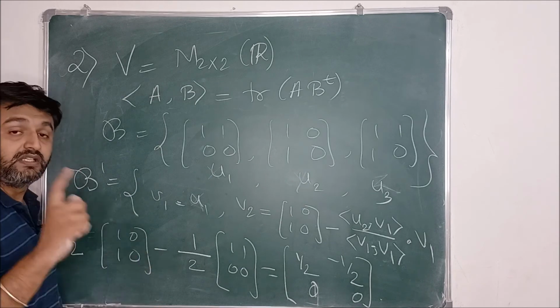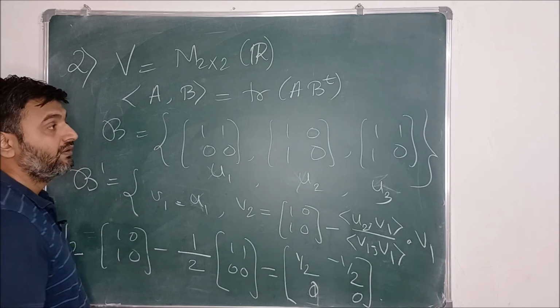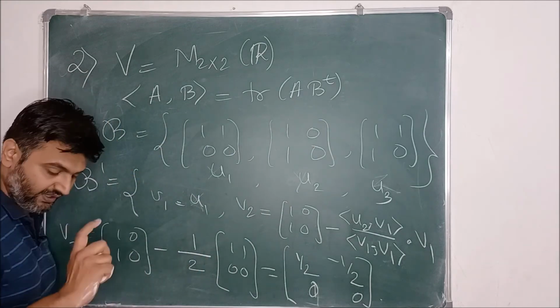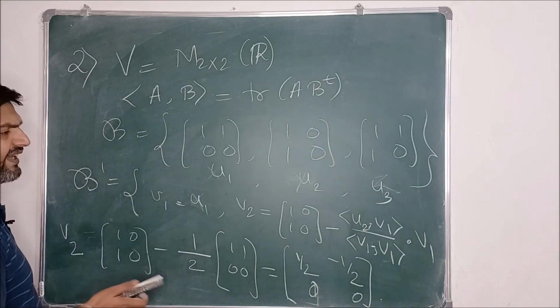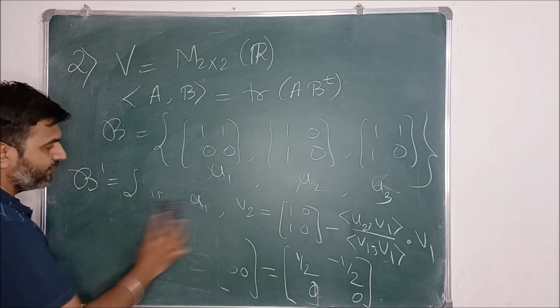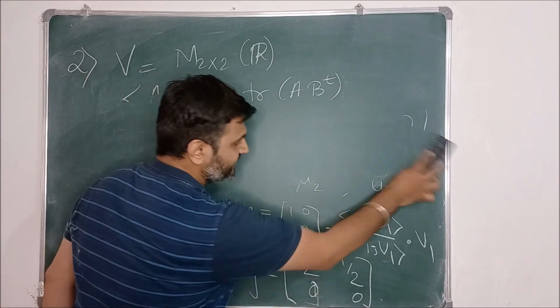That is what the trace will come out to be. I will not find V3; I will give it to you as homework, because I just want to give you the flavor of this.